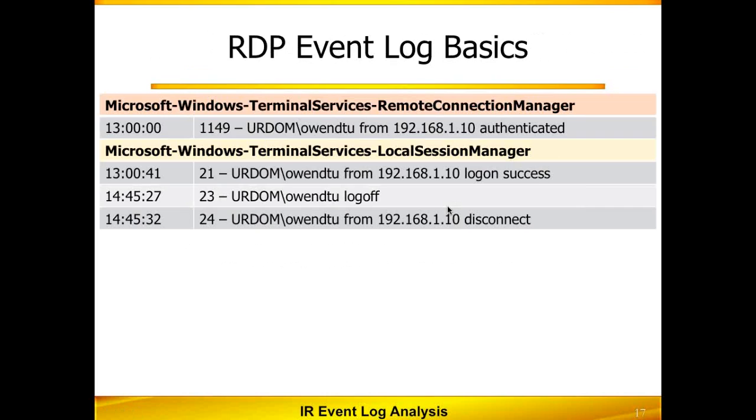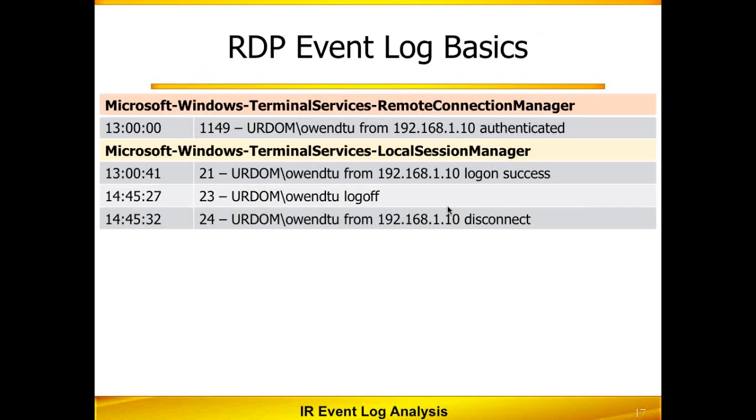What you do get, though, in this case, because the attackers were using RDP, is a couple of different logs related to terminal services. Okay, so there's terminal services remote connection manager and terminal services local session manager. Both logs have interesting events that you want to pay attention to. So the remote connection manager, the interesting log events are the 1149 events.